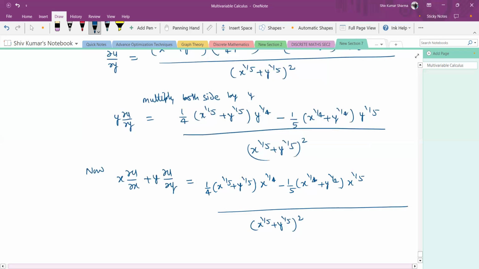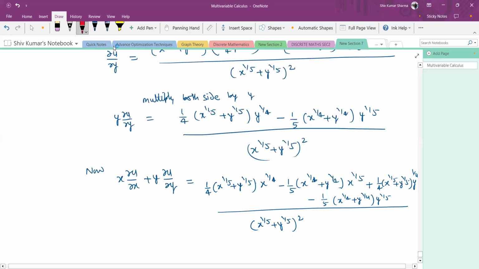Okay, so we are adding this. So the second term will be plus (1/4)(x^(1/5) + y^(1/5)) into y^(1/4), minus, second term, (1/5)(x^(1/4) + y^(1/4)) into y^(1/5).